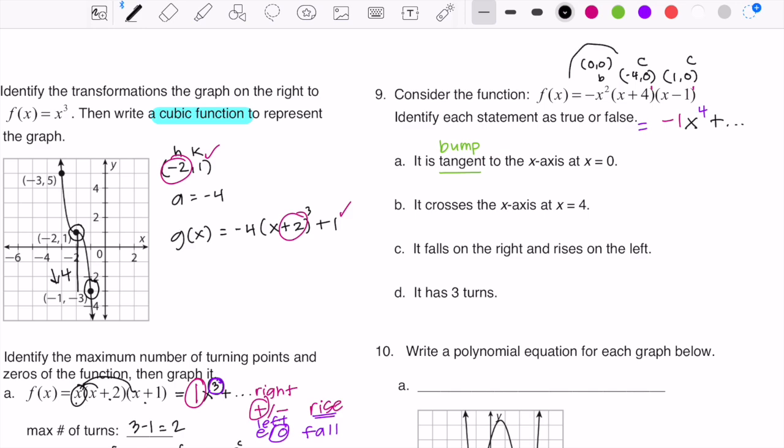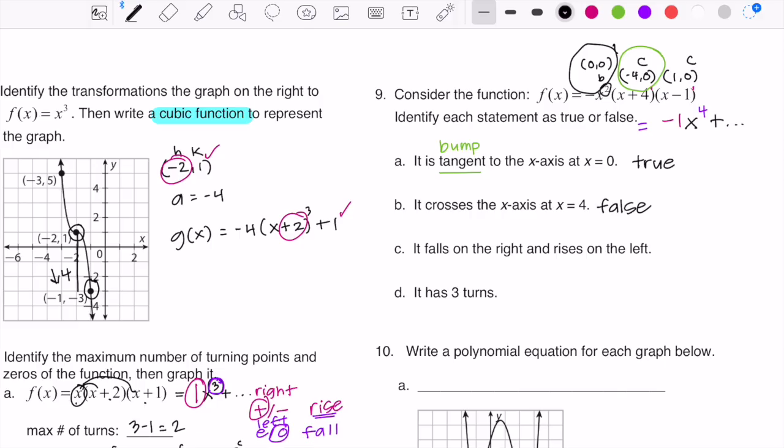And we can see right here, because this has an exponent that's an even number, that is going to be true. The next one says that it crosses the x-axis at x equals 4. But if you look right here, this one, it says negative 4. So that one's not going to be correct, so it will be false.